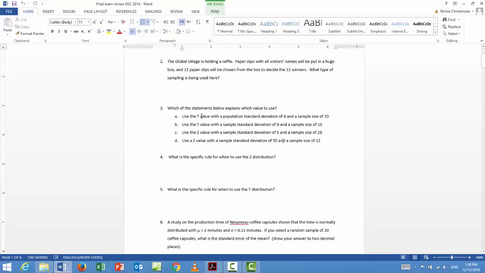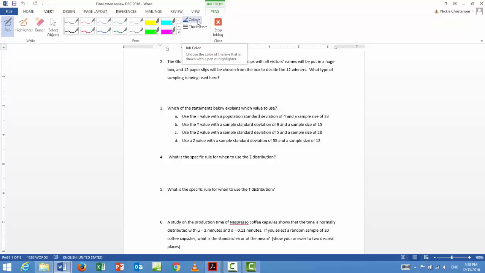And option A says use the t value with a population standard deviation of sigma, population standard deviation of 4, and a sample size of 33. Well, no, we can't, because we use the t when we only know s and our n is less than 30. Okay, so this is definitely not true, this A.